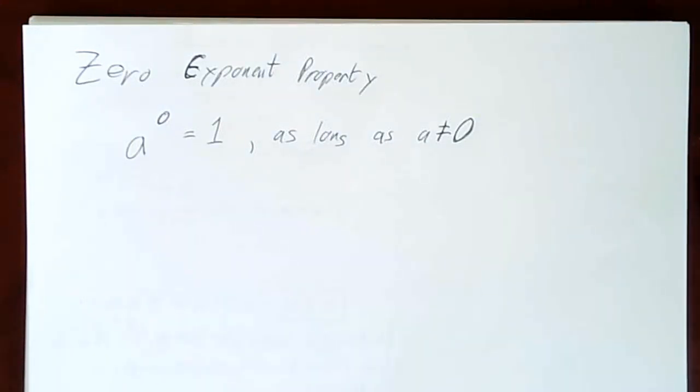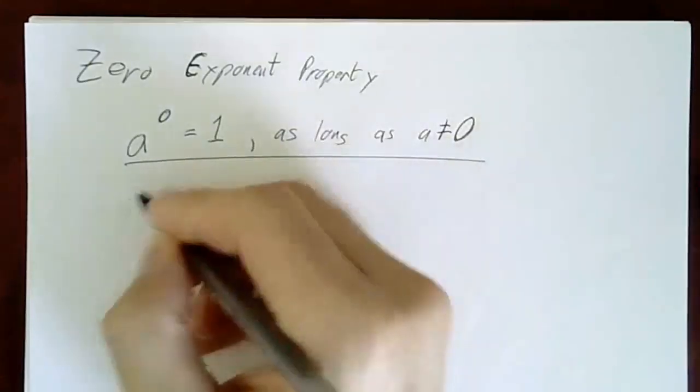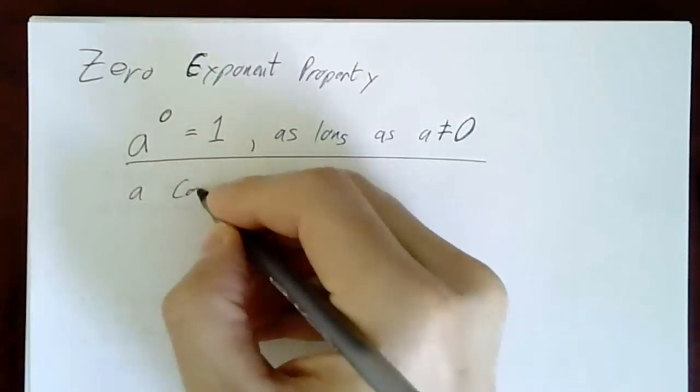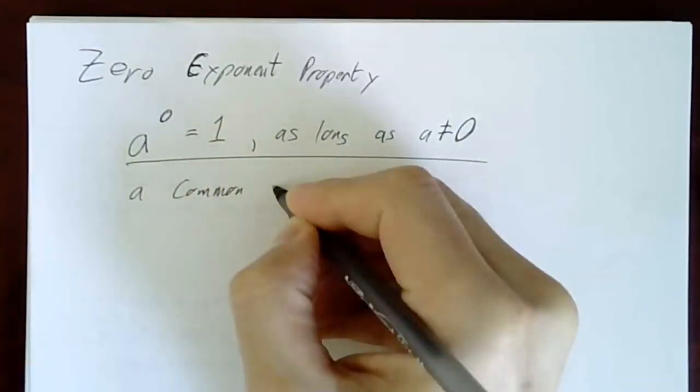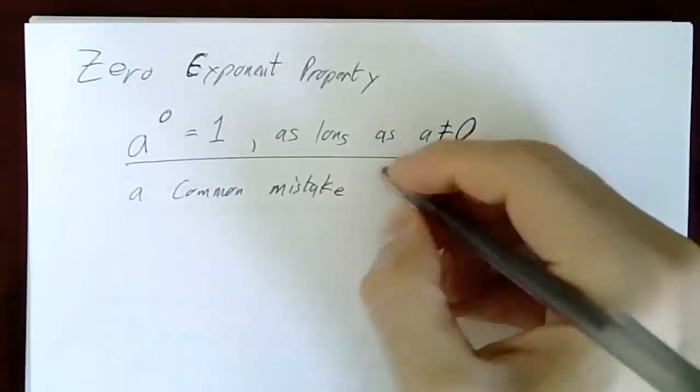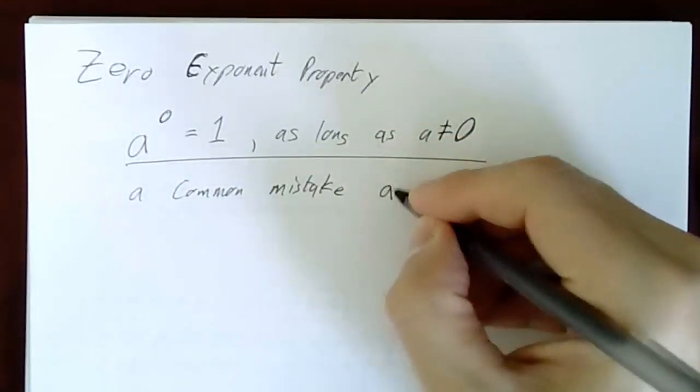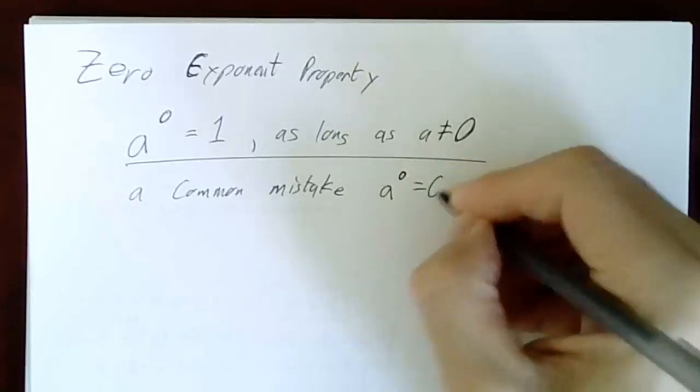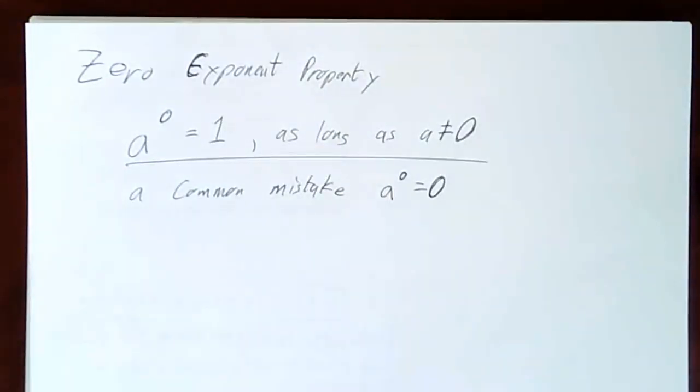Now, this is oftentimes a confusing point for students. A common mistake is that students will oftentimes say a to the zero power is equal to 0, because they see the 0 and they're thinking of the multiplication rule.